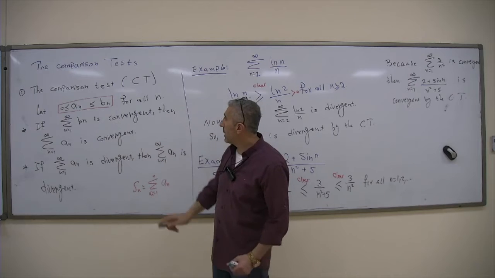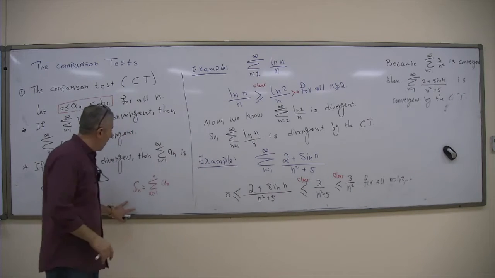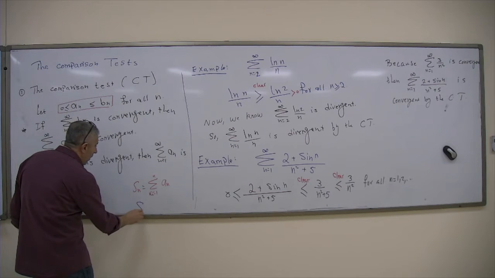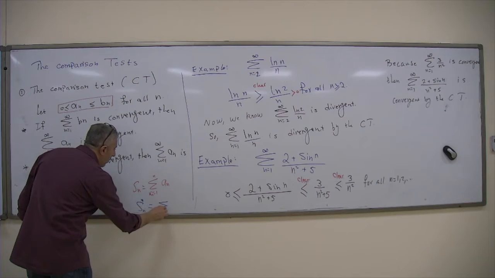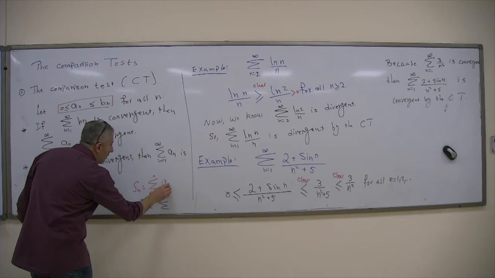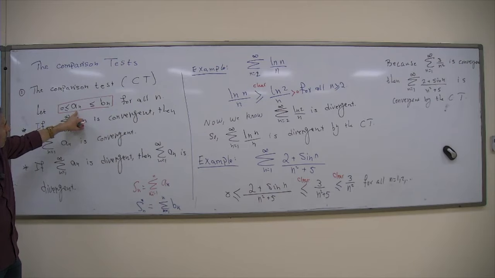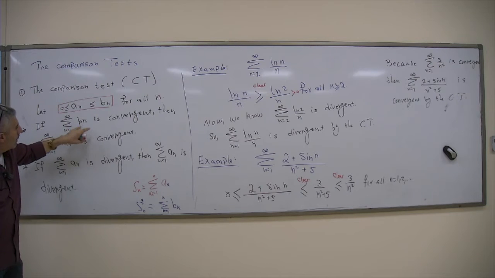What about convergence? Well, again, think about the sequence of partial sums. If you take the sequence of partial sums for b_n, and let's call this Sn star, equals summation k from 1 to n, b_k. Because it is positive, this is convergent.